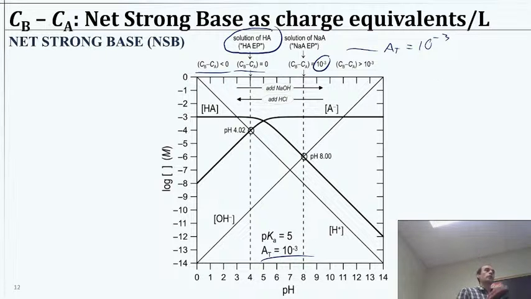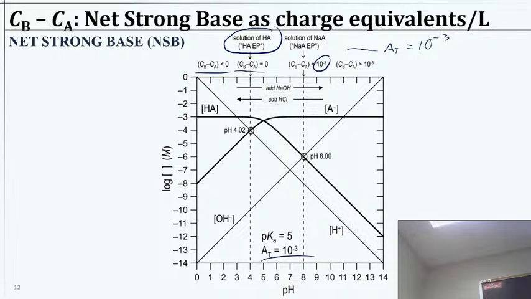So we actually know that at the NaA equivalence point, the net strong base that we have to add to get there from a net strong base of 0 is exactly the amount of acid in this solution, of the acid in question, not the strong acid, or not the strong base, or whatever it is.